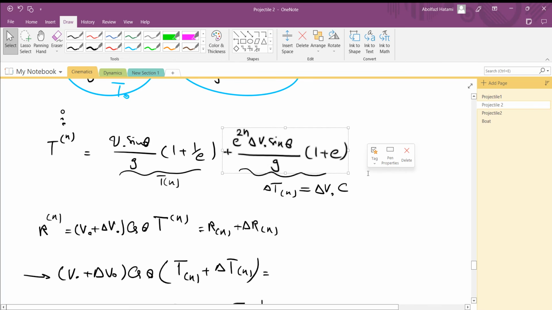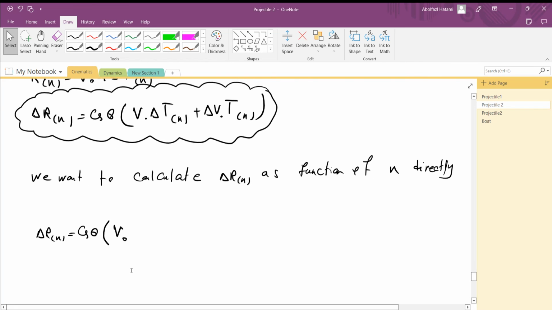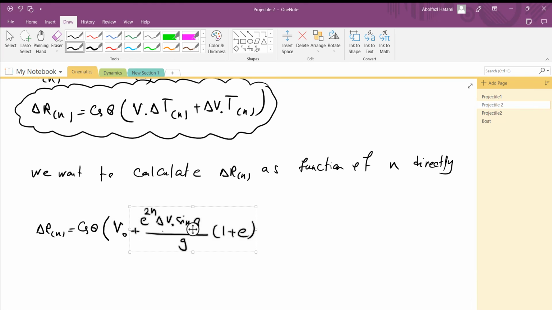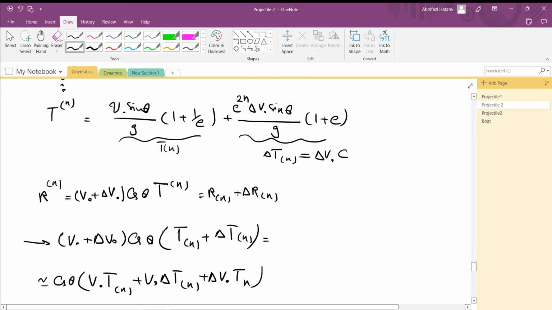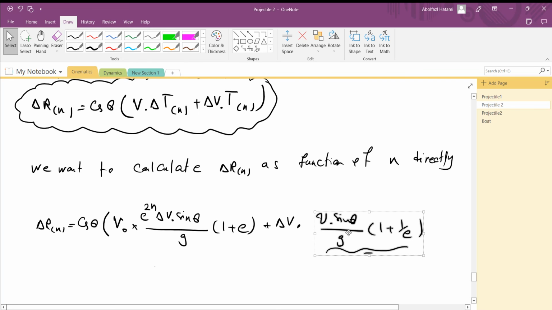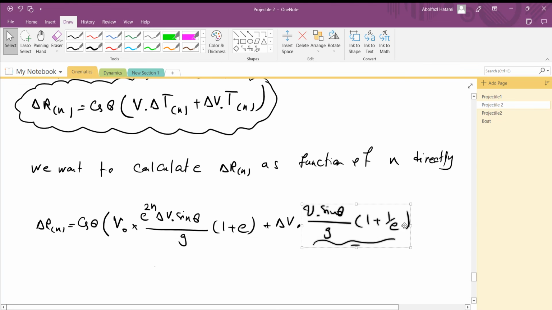Let me copy this and paste it here, and erase the positive sign here, it's multiplying. So this plus delta V0 Tn. What was Tn? Let me copy this and paste it here. It was just our Tn.